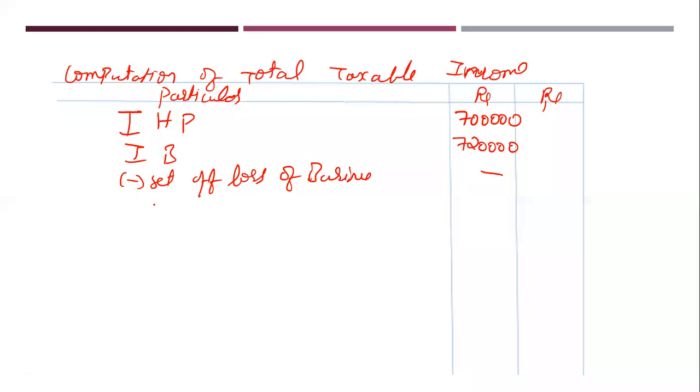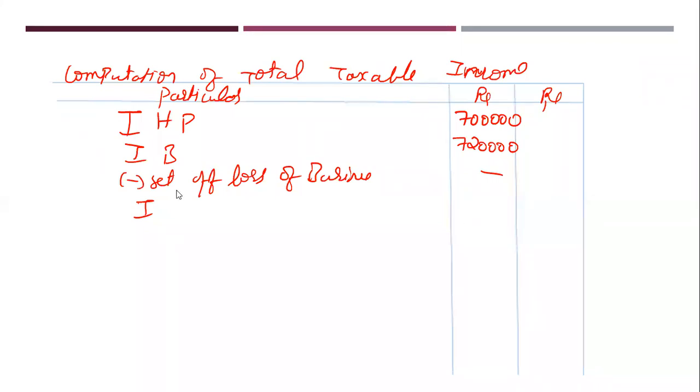Okay, so next is, what is the next head of income? Put it in the chat. Income from capital gain.